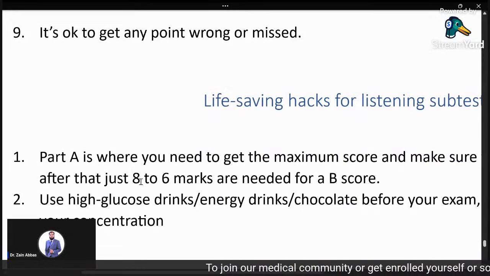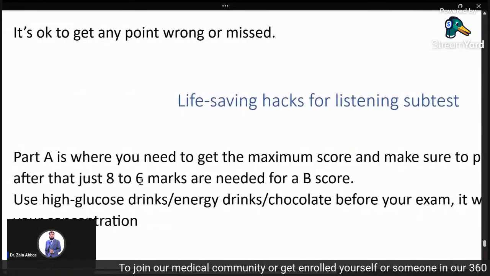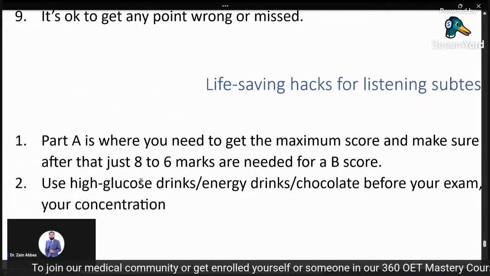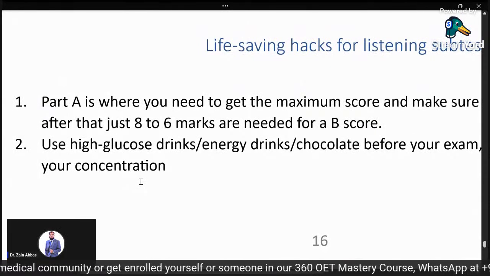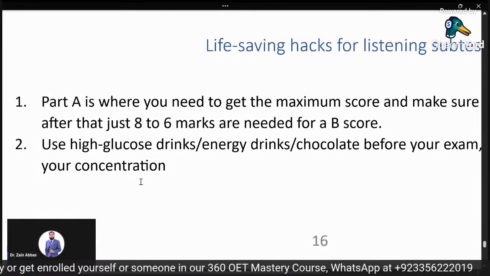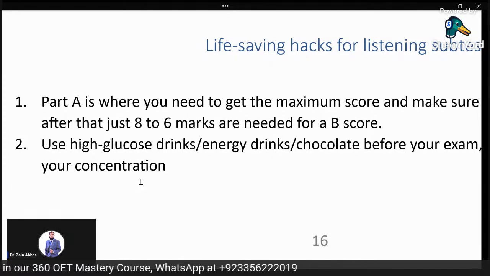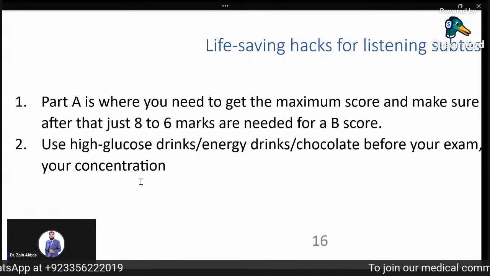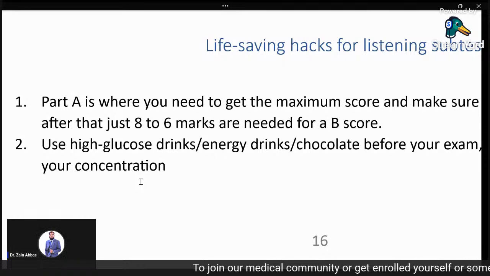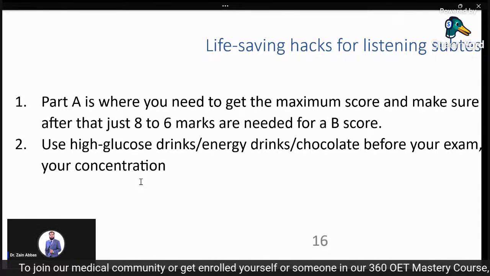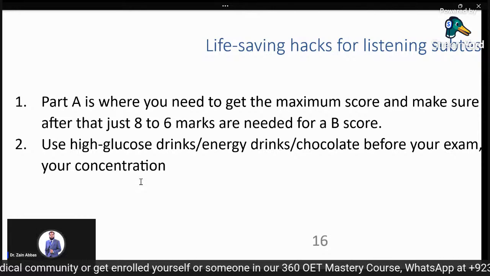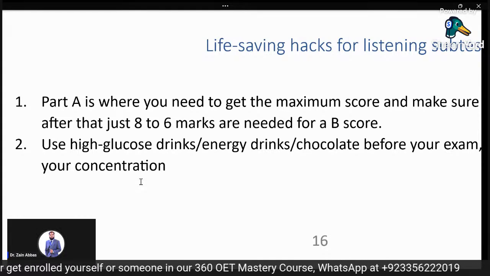Next are the life-saving hacks that I have mentioned. The first important hack goes to part A. Part A is where you can get the maximum score. As I told you in our basic class, part A consists of 24 marks. These 24 marks can be obtained very easily because you just need to pick the original word you have listened to and put it down on your paper.